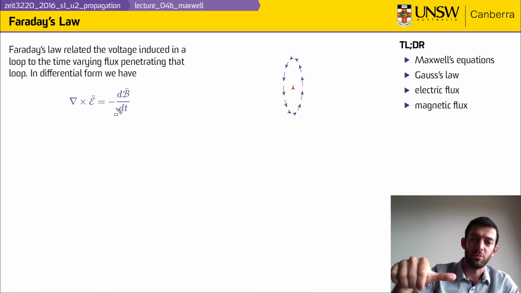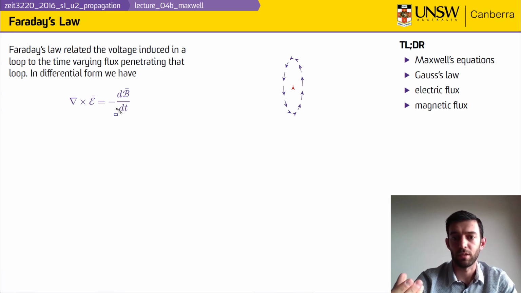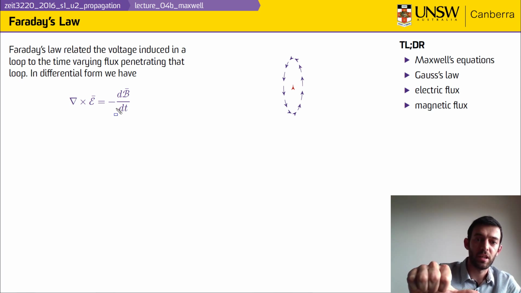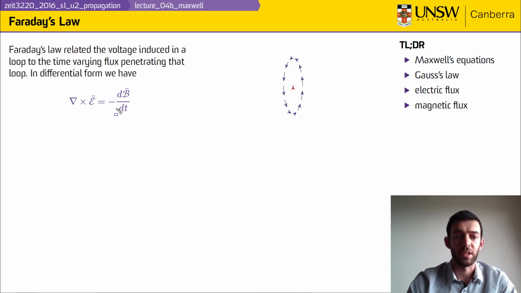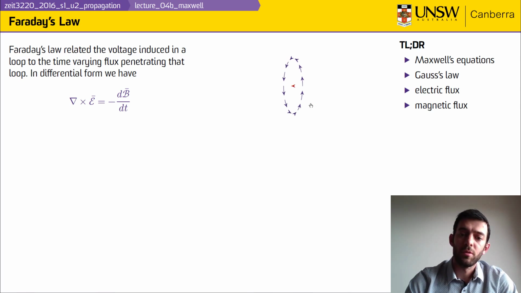But in reality, the world resists change, and you need that for conservation of energy. So when we have B being inserted, that means that it has to give the negative of that in order for things to balance out. So when we see this in action, as B changes from side to side in strength, we see electric fields grow and decrease, go in the other direction, and so on.